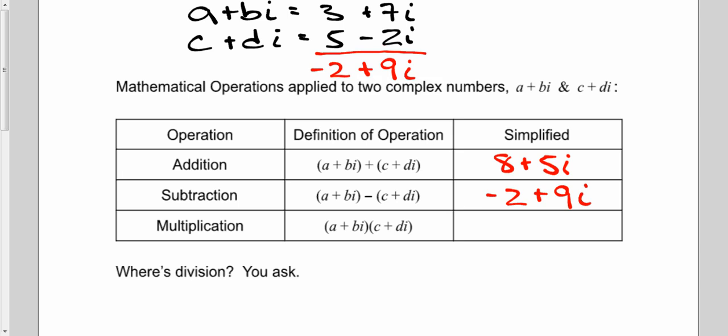Multiplication might be a little bit different. Let me write it down here. 3 plus 7i times 5 minus 2i. How would I do that? Two things times two things.